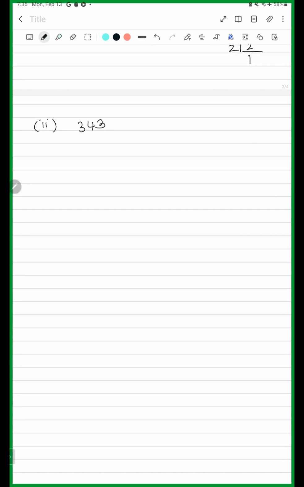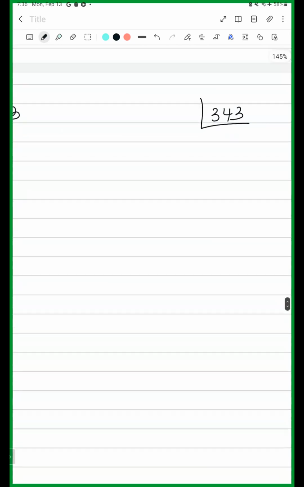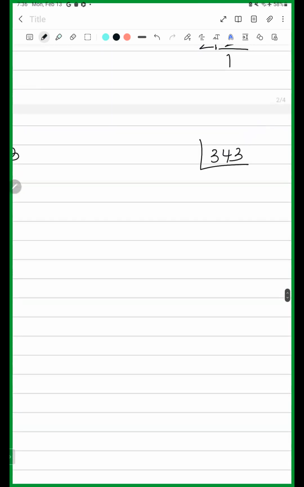How do we know which prime number we should start with? Hiba, you have studied divisibility tests, right? Yeah, but I kind of forgot. Revise the divisibility tests. So it won't be divisible by 2 obviously because it is not an even number. Then will it go by 3? The test for 3 is that the sum of all the digits should be a multiple of 3. So 3 plus 4 plus 3 will not give you a multiple of 3.